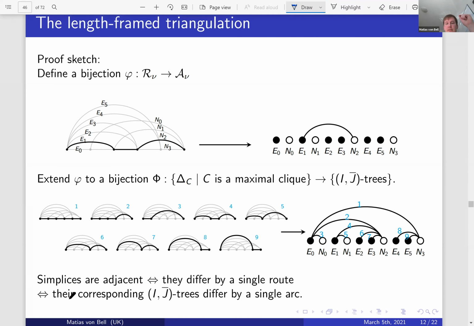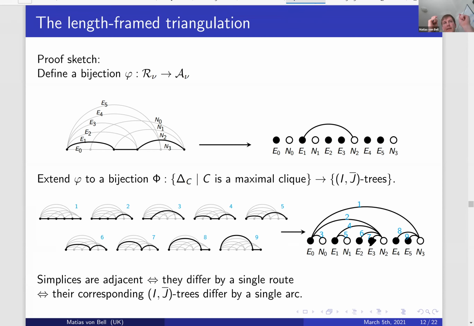So the corresponding IJ trees have to differ by a single arc. And the only way they do that is by the rotation, or sorry, the increasing flip that we talked about before. That gives us the dual structure that we want. And we know that structure has the structure of a lattice, so the result follows from there.